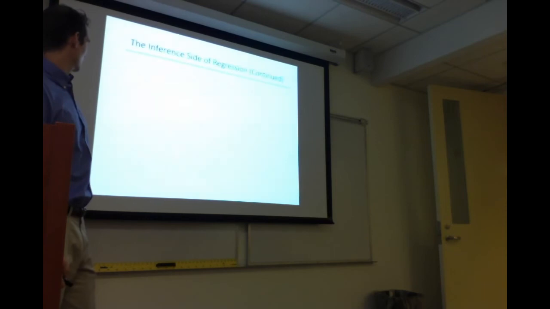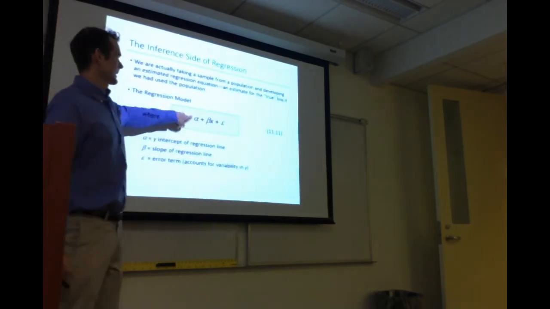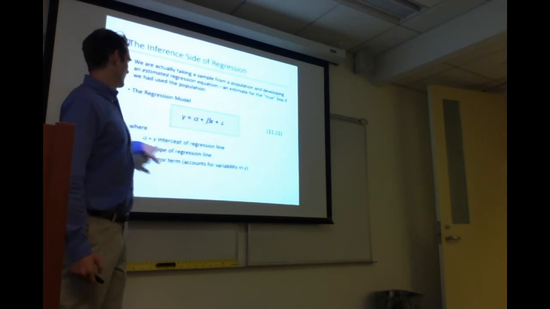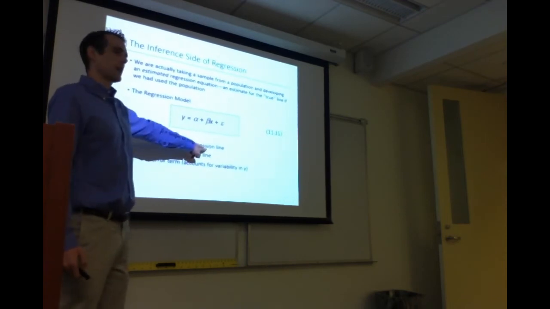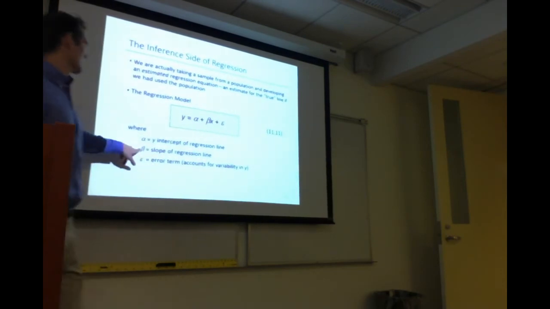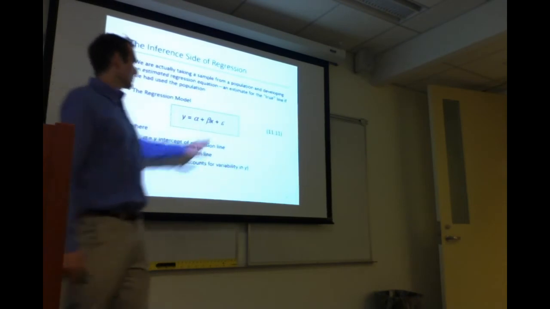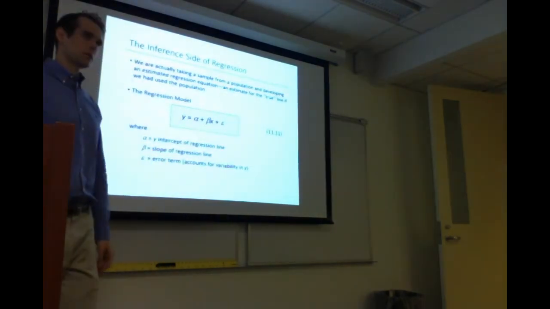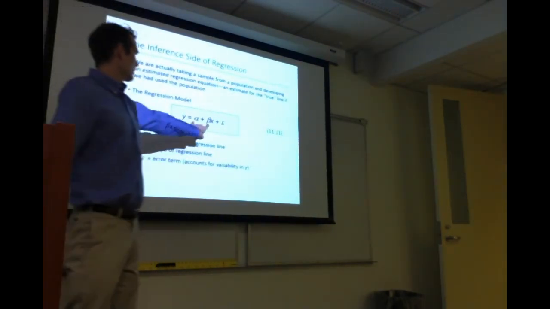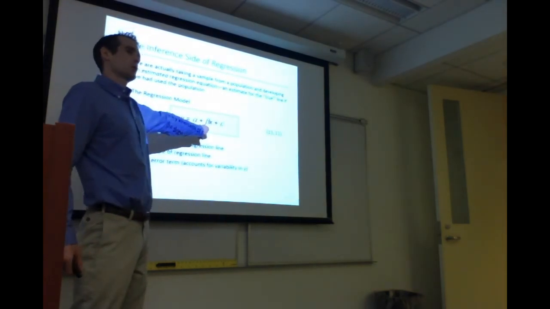This little alpha sign is the y-intercept of the regression line for the whole population, and this big cursive B is the slope of the regression line for the whole population. We'll talk about the error term in a minute, but I just want you to understand we've switched terms to talk about the whole population.